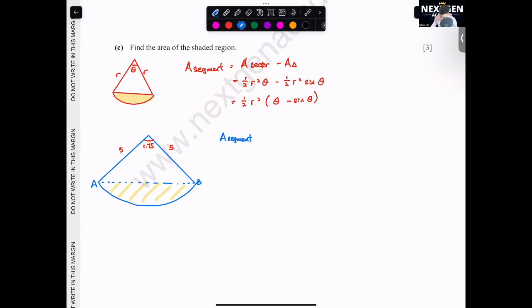This big one, I call it big, equals half 5 square, theta which is 1.75 minus sine 1.75. You go and calculate this. You will get 9.5752.